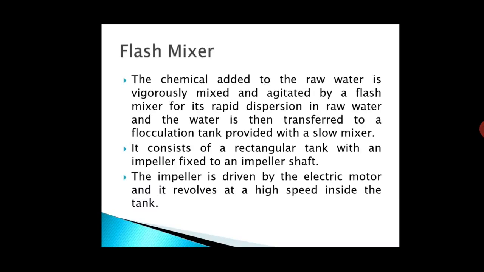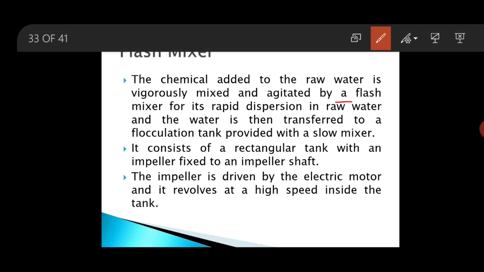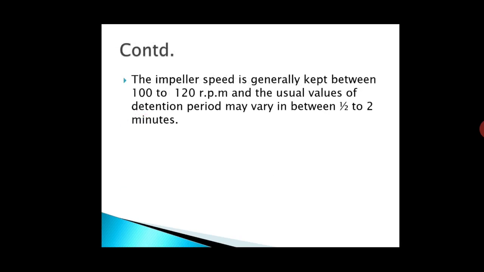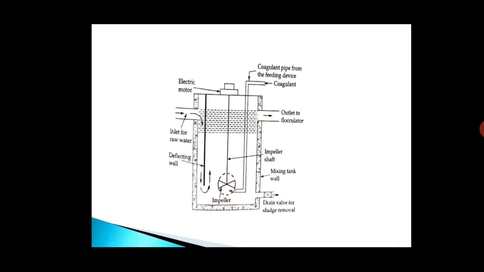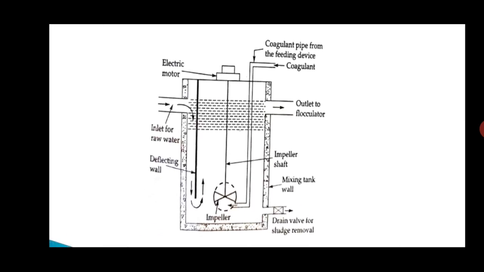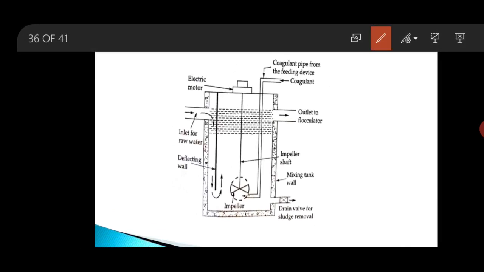The chemical added to the raw water is vigorously mixed by a flash mixer for its rapid dispersion in raw water. And then this water will be transferred to a flocculation tank provided with a slow mixer. You can see this is the diagram of a flash mixer.